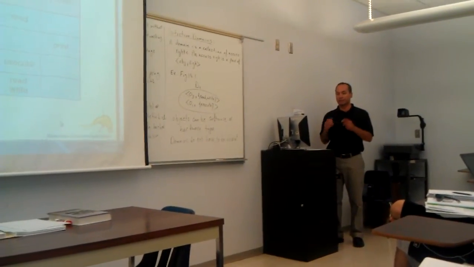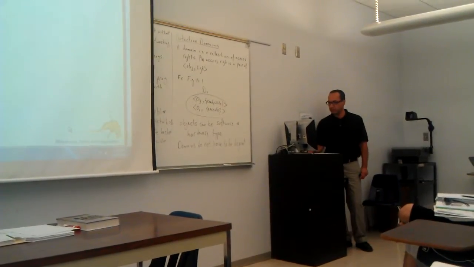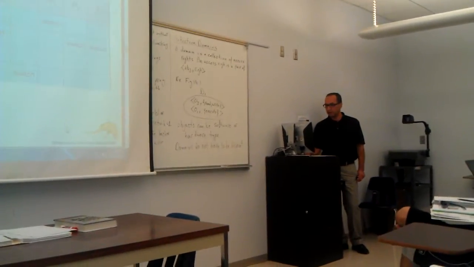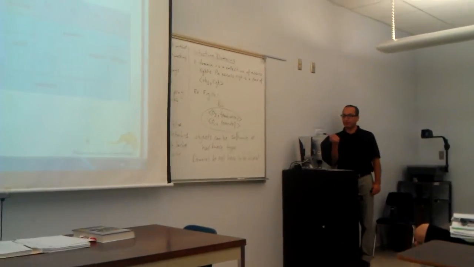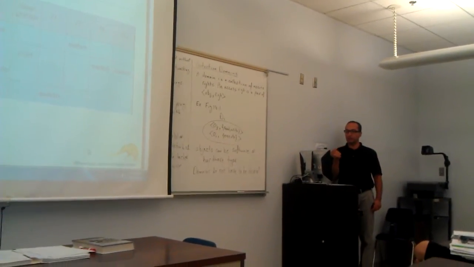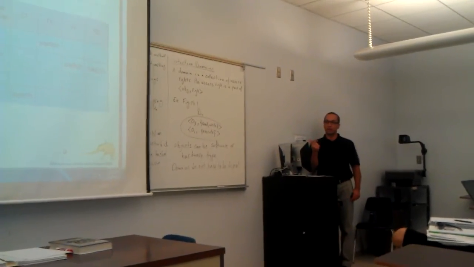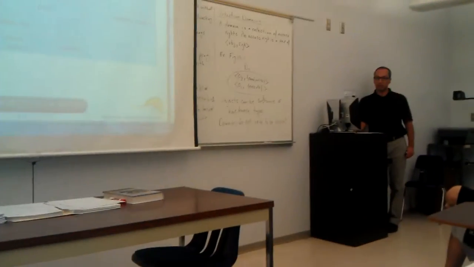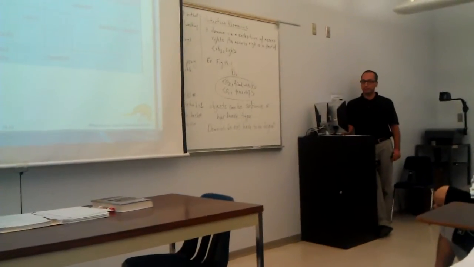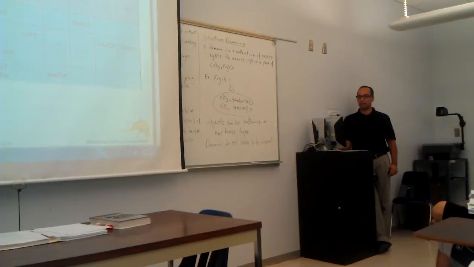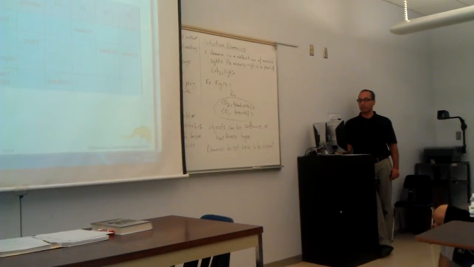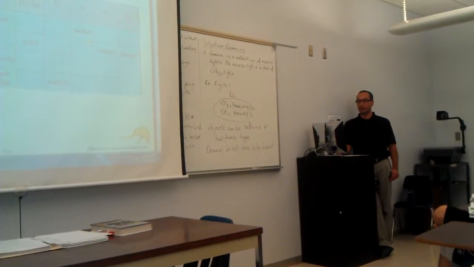This model, you can expand on this a little bit more to say how to change your domains, okay? So a process could be in domain 1, having read access to F1 and F3, but it can change to domain 2.